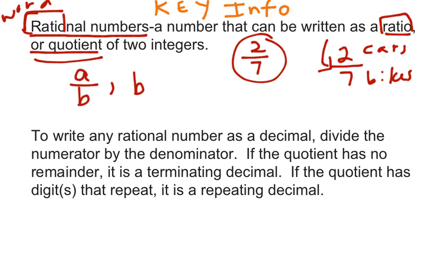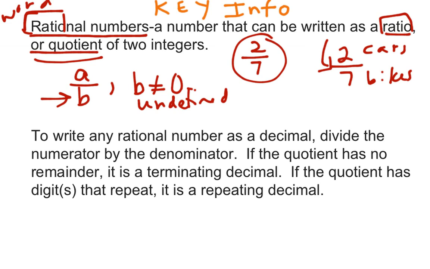Remember, B cannot equal 0 because then it would be undefined. That's a piece of algebraic information they usually give us when we're talking about rational numbers that have a denominator that can't be 0. So there you have your definition of rational numbers in words, numbers, and algebra.